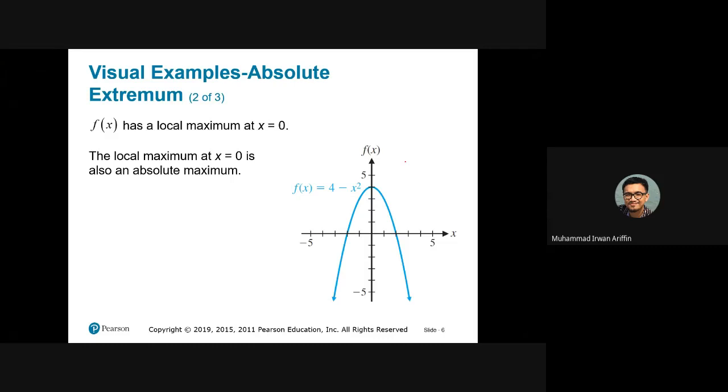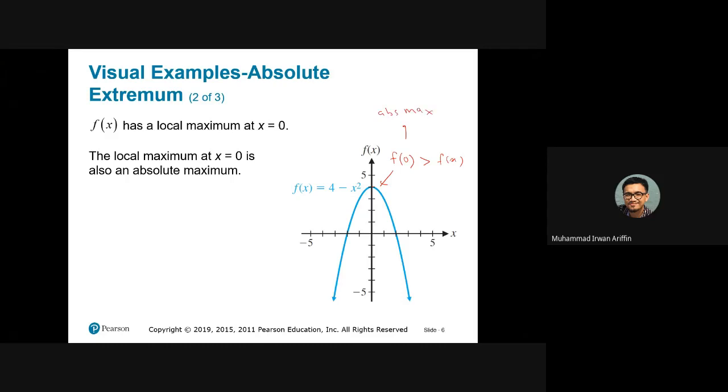And this local maximum is also an absolute maximum because this is the highest point compared to all other x's. So f of 0 is higher than all other x's, so this is also our absolute maximum.